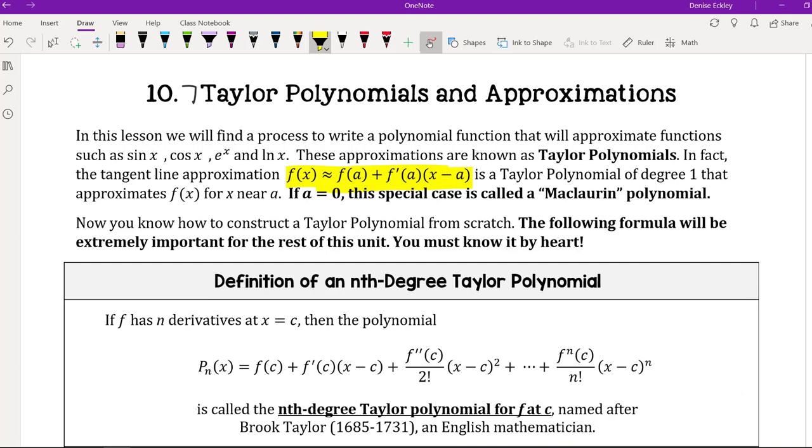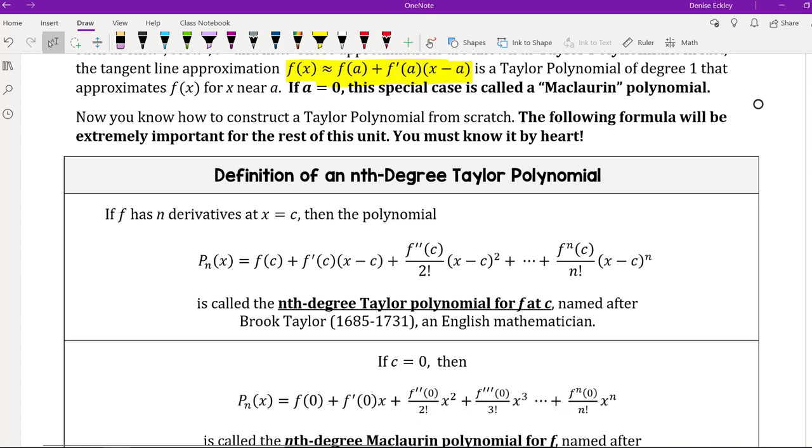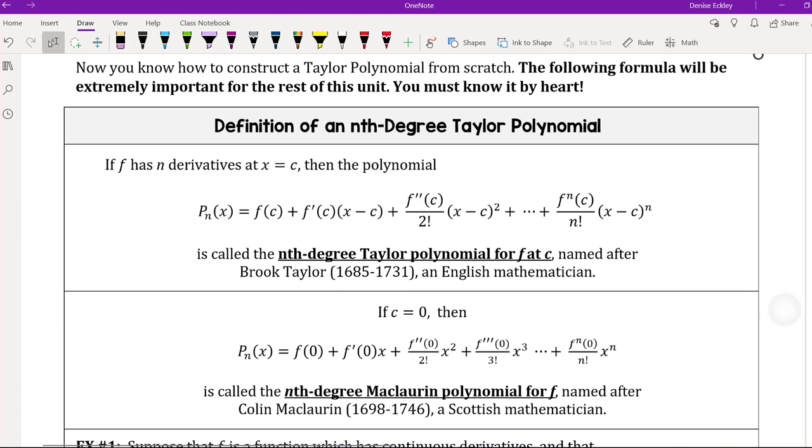So that's actually a very simple Taylor polynomial of degree 1. What Taylor polynomials are great for is taking very complicated functions and writing them as a polynomial, because polynomials have such nice, well-defined properties that it makes it easier to work with. So that's where the idea of a Taylor polynomial came from.